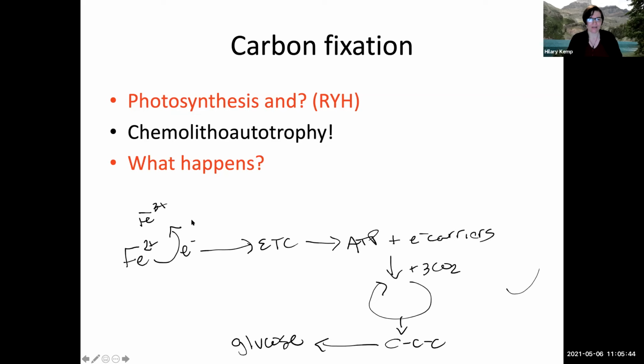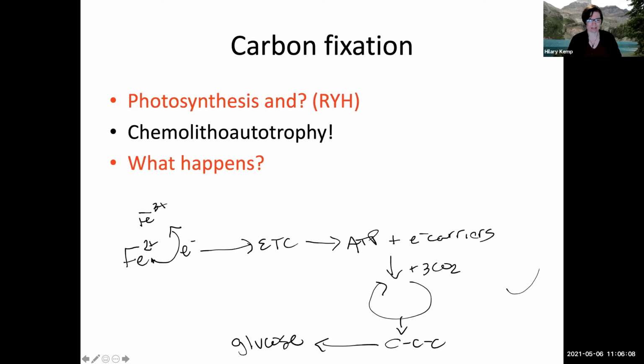We start with something like, this is just one possible version of this pathway, something like an iron atom, an iron ion, I should say, that has some disposable electrons. We remove one of the electrons. So this is an example of an iron 2 positive ion, and we take an electron off, and now it exists in this other ionic form. So you really need something that can do this.